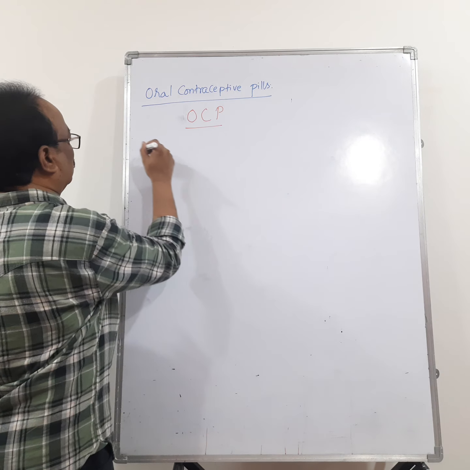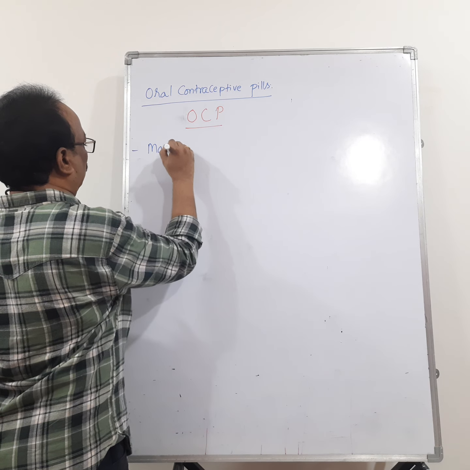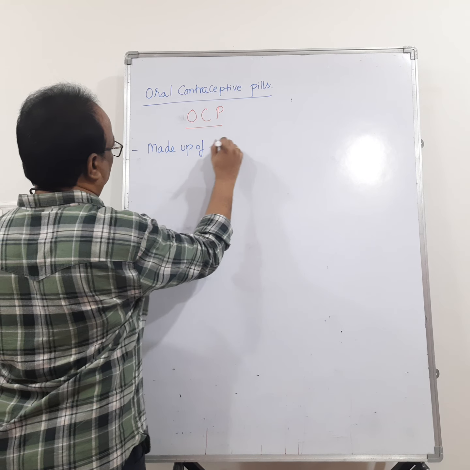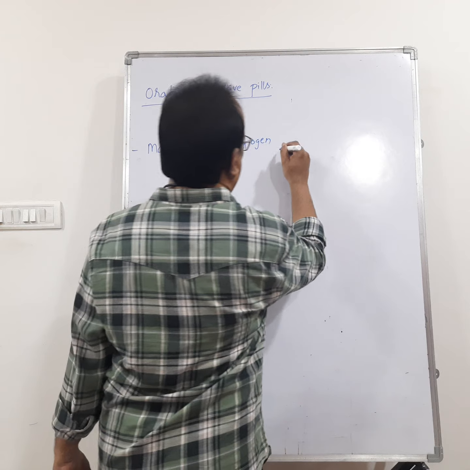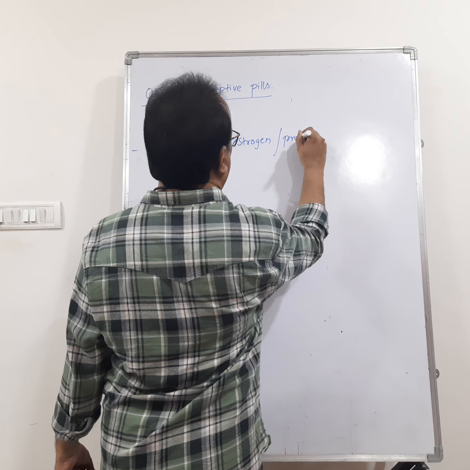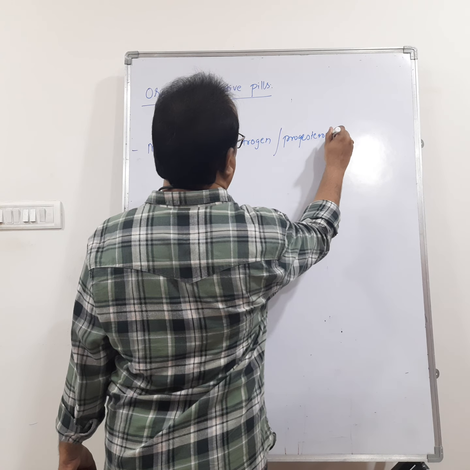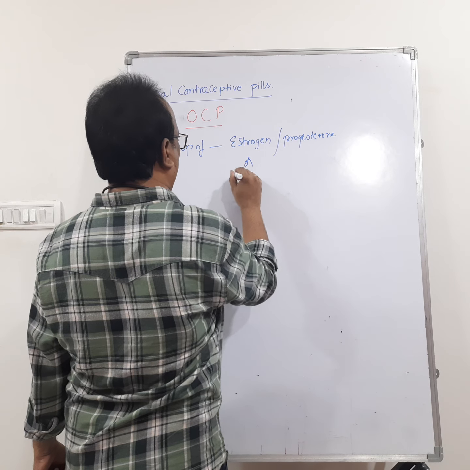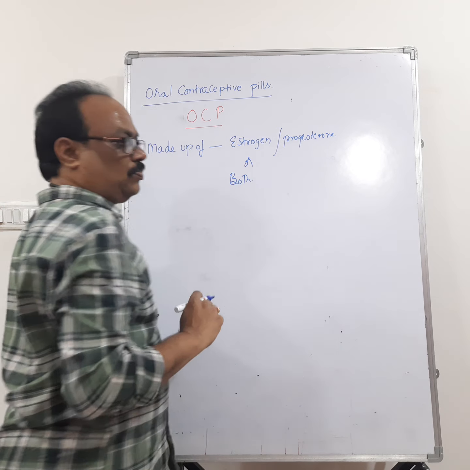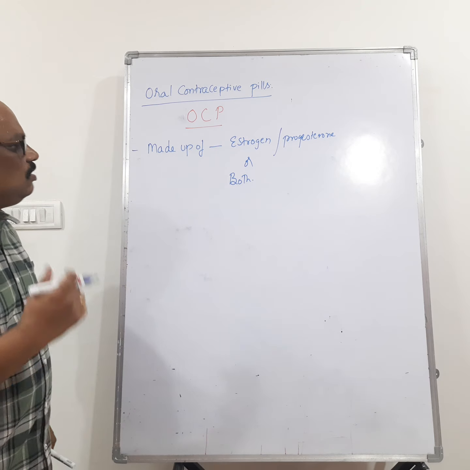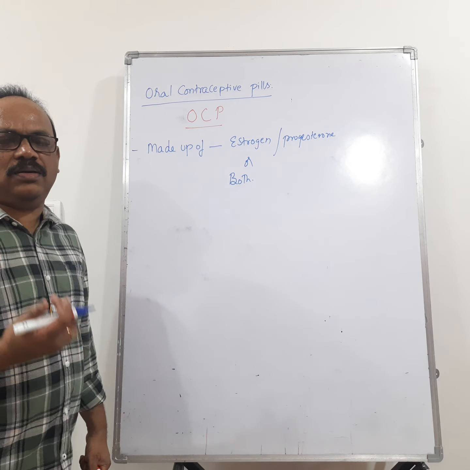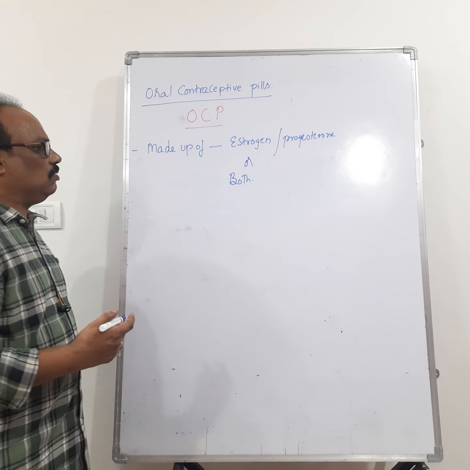So oral contraceptive pills are made up of what? They are made up of estrogen or progesterone or both.